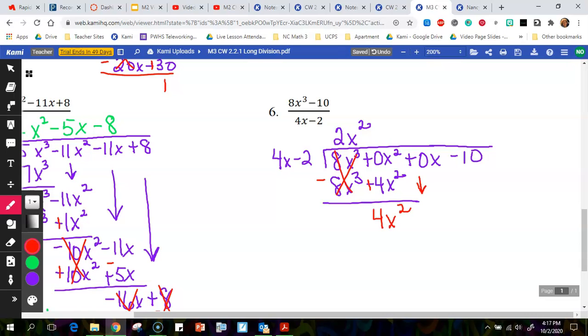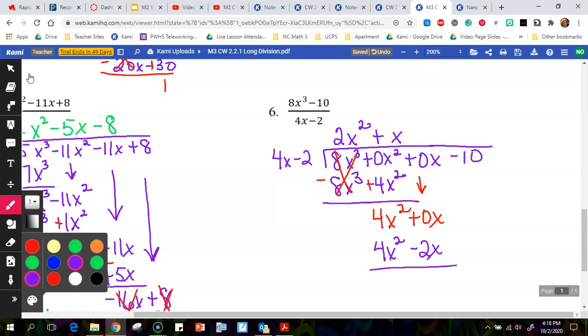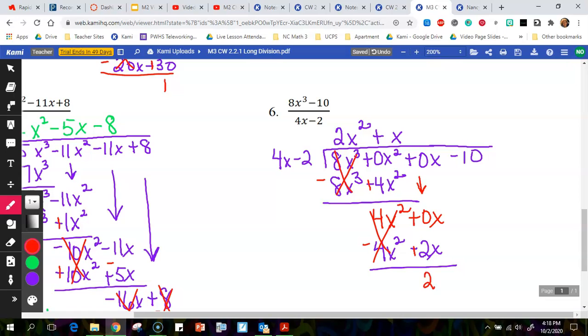Bring down that 0x. 4x squared divided by 4x is 1x. So it's going to be either a plus x or a plus 1x, doesn't matter. That's x times 4x is 4x squared. x times negative 2 is negative 2x. 0 plus 2x is 2x. Bring down the minus 10.